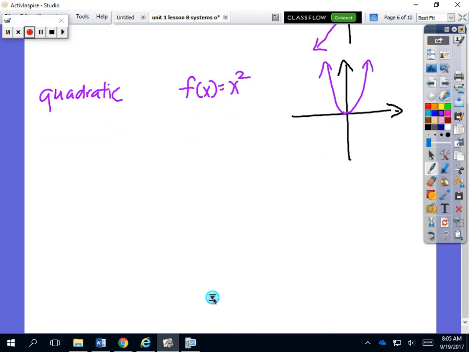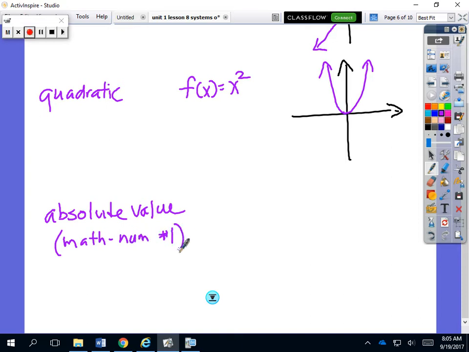Next we had the absolute value. I just want to remind you how to graph that in the calculator. Remember, it's math, num, number 1 to graph absolute value in the calculator, and that's f of x equals absolute value of x.